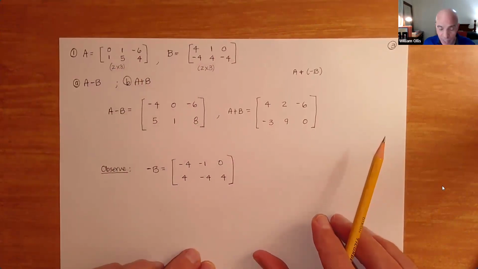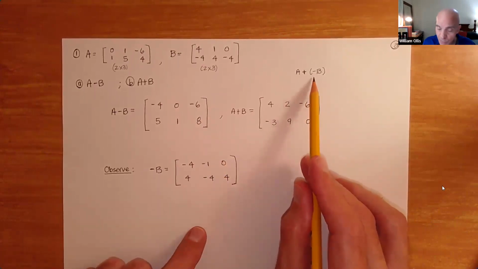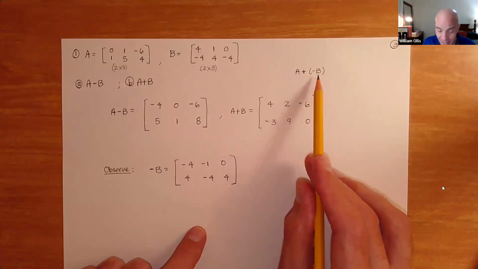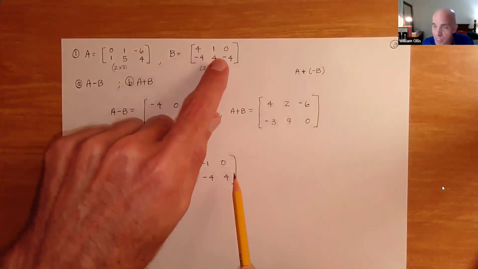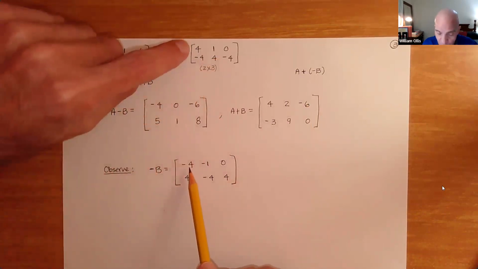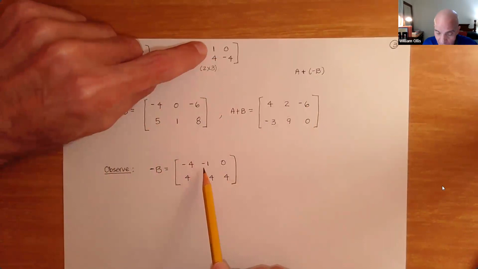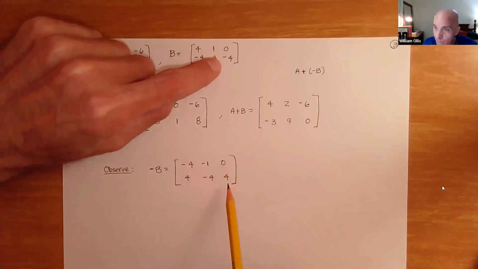Subtraction also. Now, if you wanted to think of this alternate definition of subtraction as adding the additive inverse, we can simply multiply each of the entries in matrix B by -1 and get the following matrix: -4, -1, 0, 4, -4, and 4.